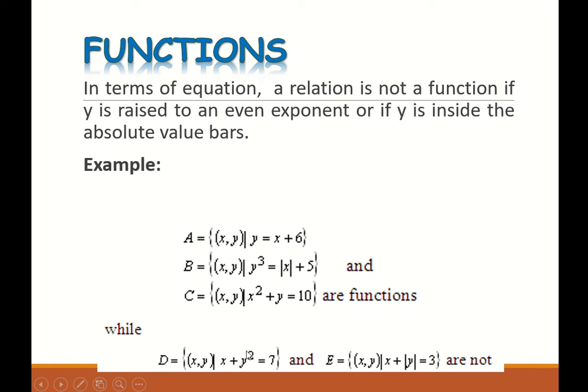While D contains ordered pairs of elements x and y such that x plus y squared equals 7. If you look at this part here, y has an exponent of 2. And E contains ordered pairs of elements x and y such that x plus the absolute value of y equals 3.